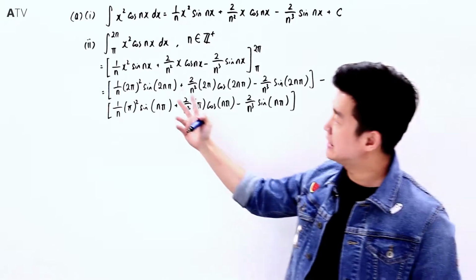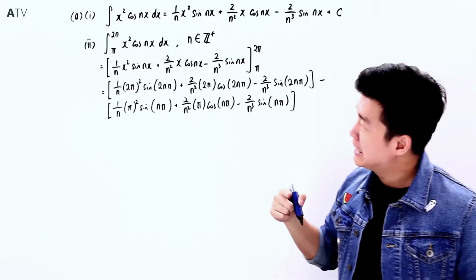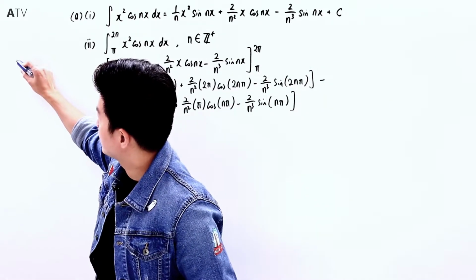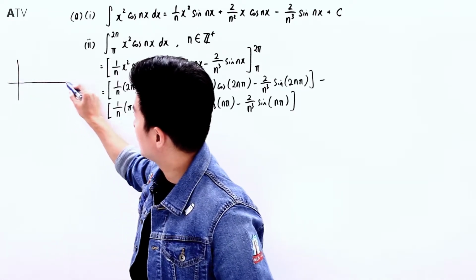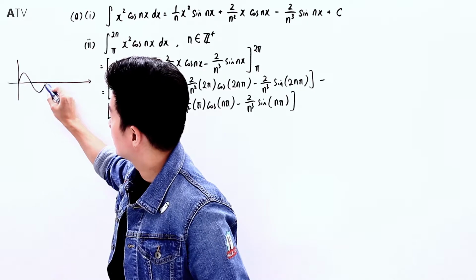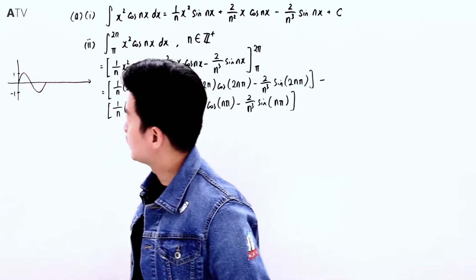And if we were to do the analysis for sin(2nπ) and sin(nπ), let's try to revisit our sine curve. The sine curve is going to be something like this. According to what we have learned in secondary school, one period fluctuates between -1 and 1.